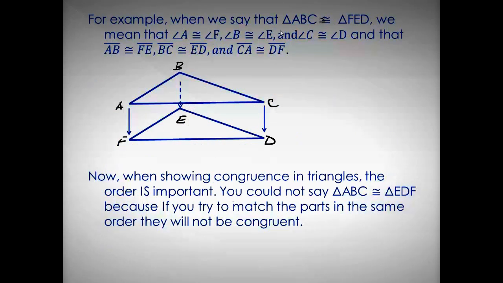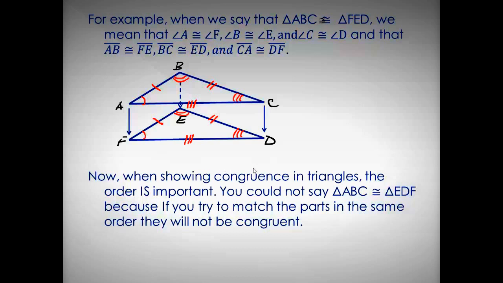And in congruent triangles, say triangle ABC, we would say that it's congruent to FED if angle A is congruent to angle F, angle B is congruent to angle E, and angle C is congruent to angle D. Also, segment AB is congruent to segment FE, segment BC is congruent to segment ED, and segment CA is congruent to segment DF.